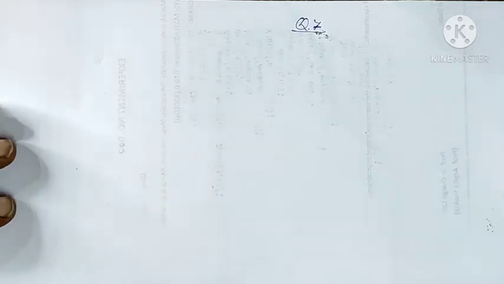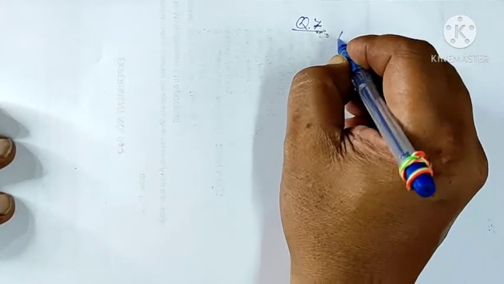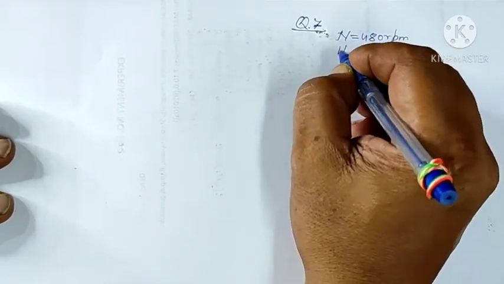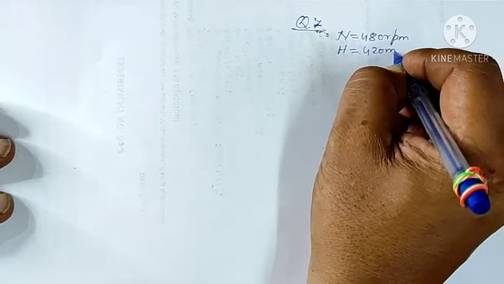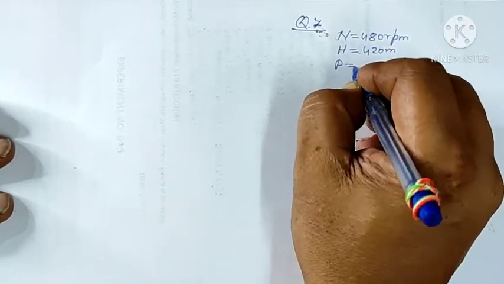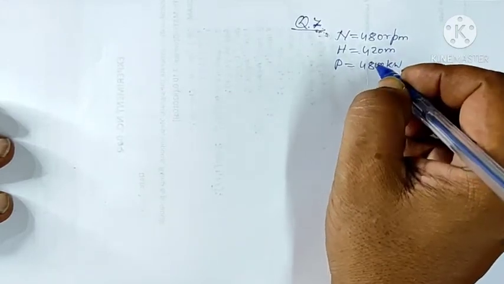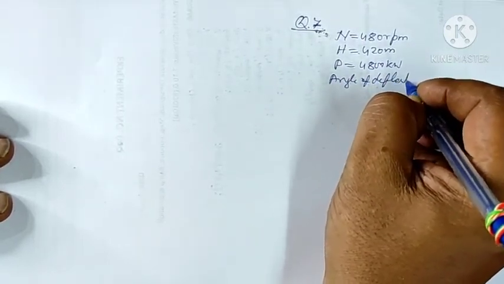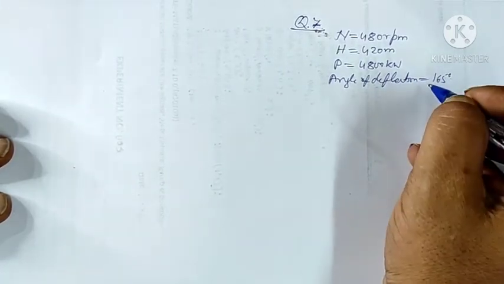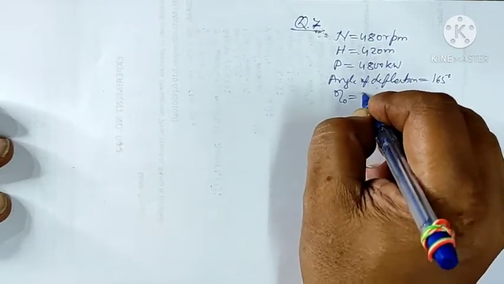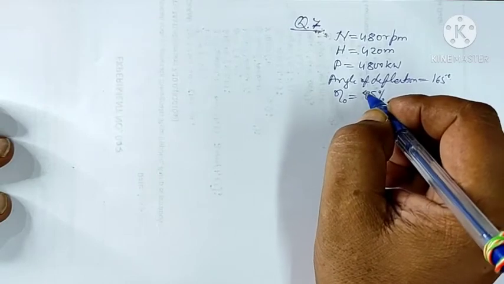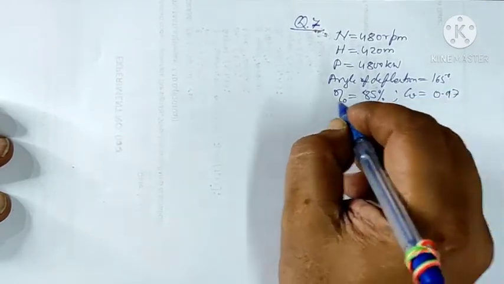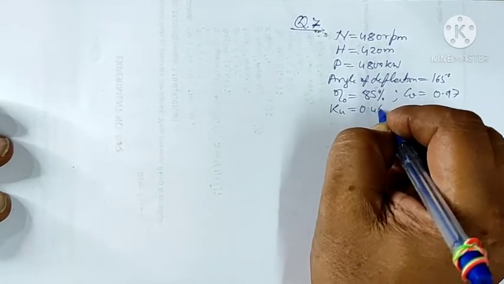In question number 7, it is given that the speed of the wheel is equal to 480 rpm, the available head is equal to 420 meter, the shaft power is equal to 4800 kilowatt, the angle of deflection is 165 degrees, the overall efficiency is 85%, the coefficient of velocity is 0.97 and speed ratio is given as 0.46.